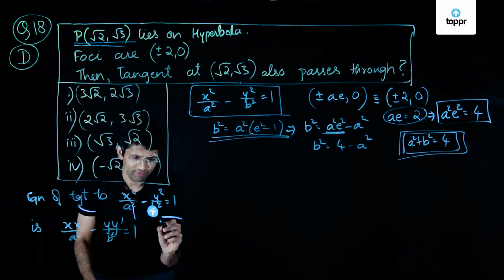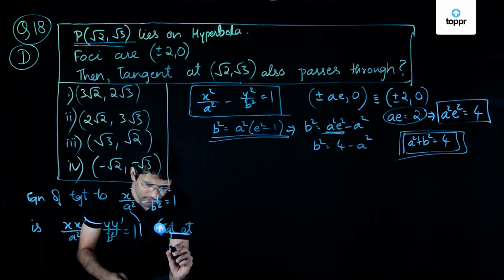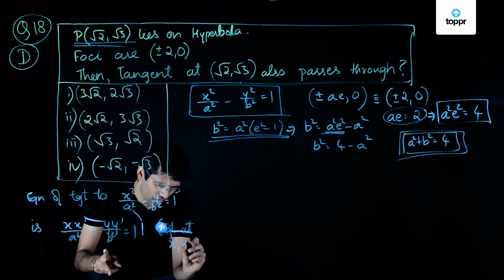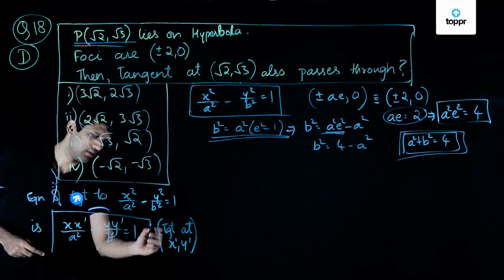So this is the equation of the tangent to the hyperbola at point x dash comma y dash. We will box this.